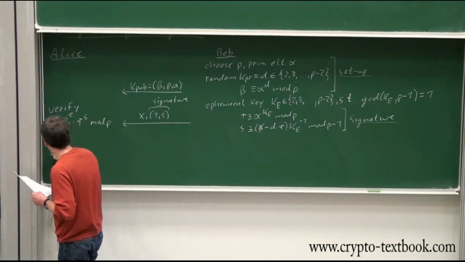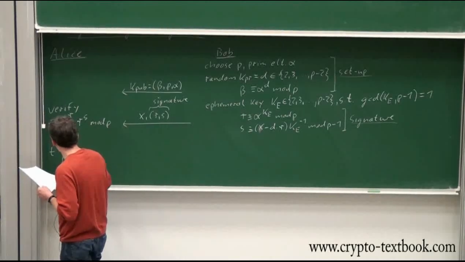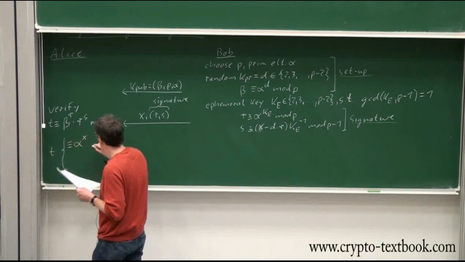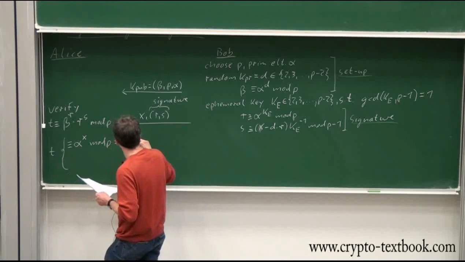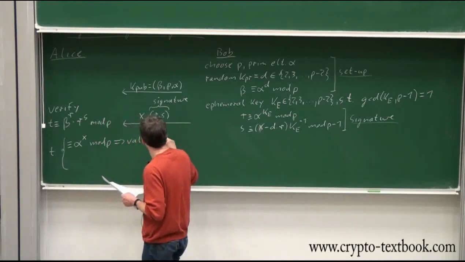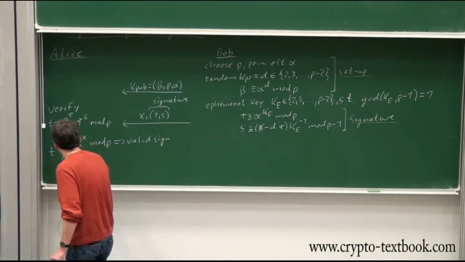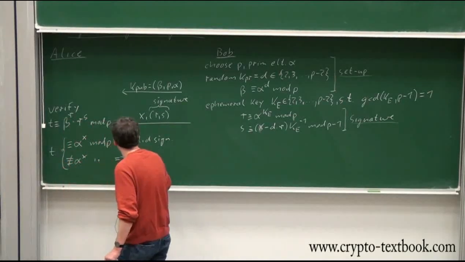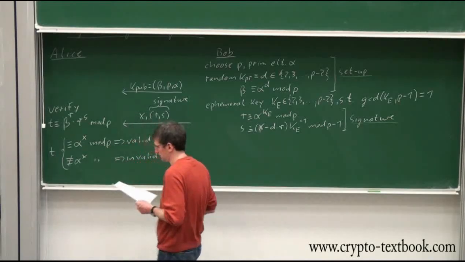And now she has to check whether this T is equivalent to alpha to the x mod p. If that's the case, we have a valid signature. If this is not congruent to alpha to the x, it's an invalid signature.